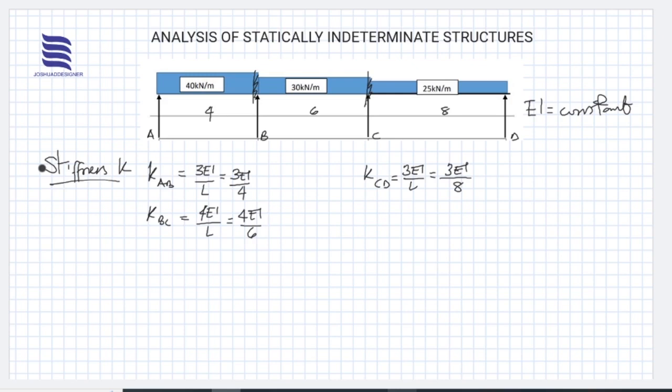In my analysis, multiplying all my stiffness results by 24 over EI would help me get whole numbers. So if I multiply this by 24 over EI, I have 18. If I multiply this by 24 over EI, I have 16. If I multiply this by 24 over EI, I also have 9.